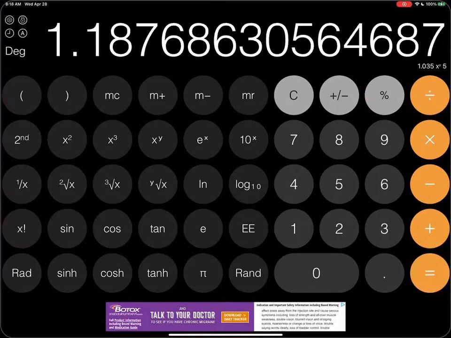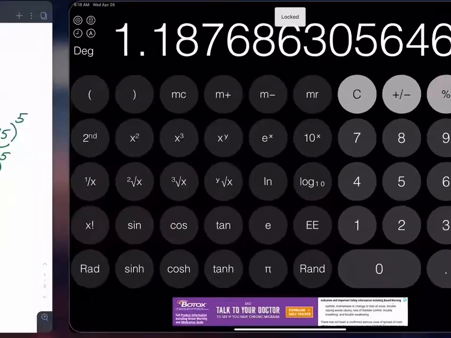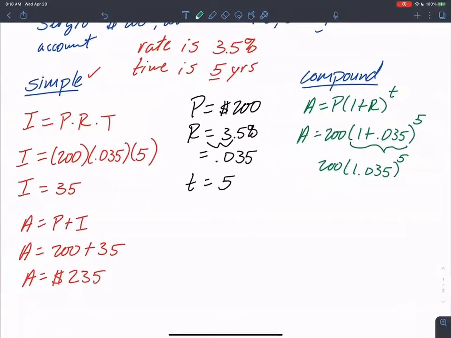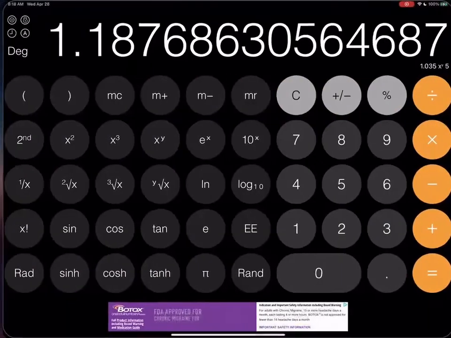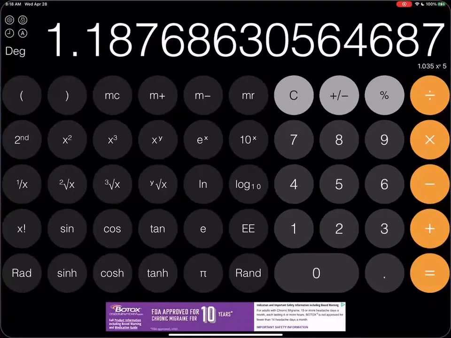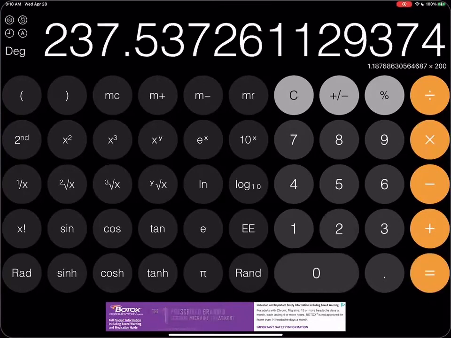Okay? So check this out. We've got to multiply it times 200, right? So you have that big number, hit times 200. And now you're just going to focus up here on the left. 237.